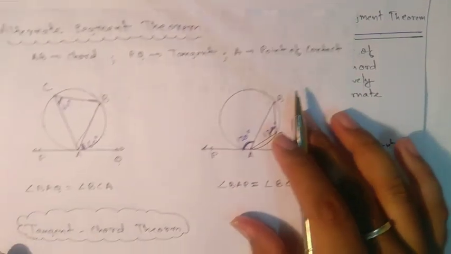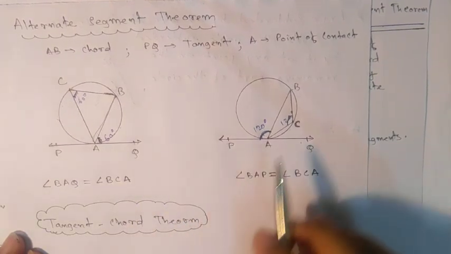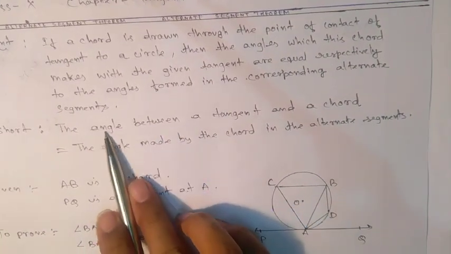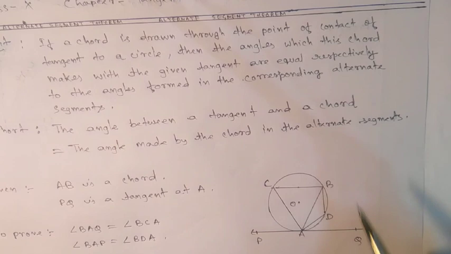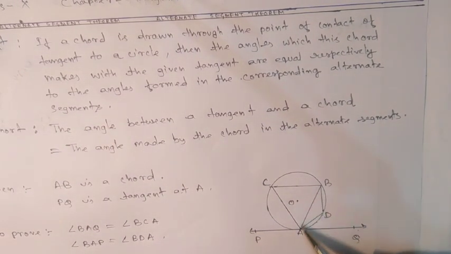So we are going to prove this theorem. This theorem has another name, the tangent-chord theorem. In short, the angle between a tangent and a chord: this is your tangent and a chord, and this is an angle and this is another angle. Two angles we have.